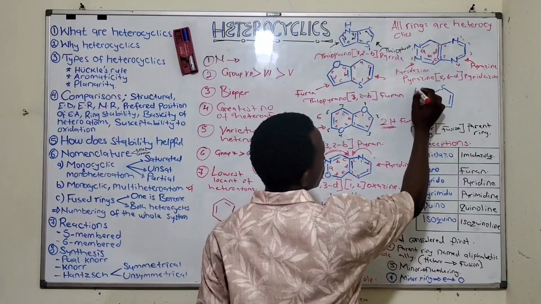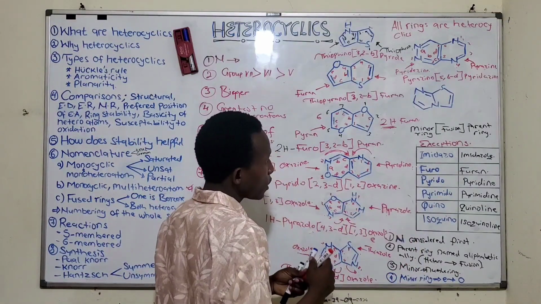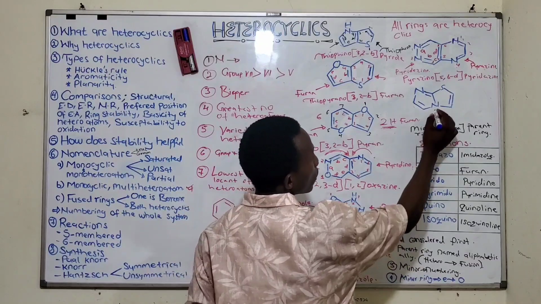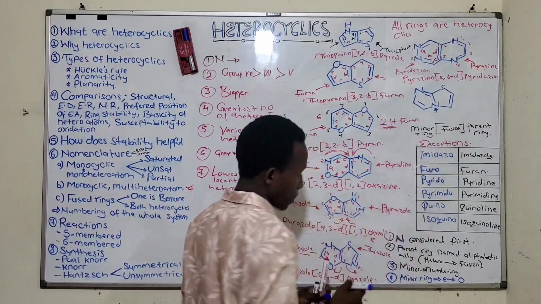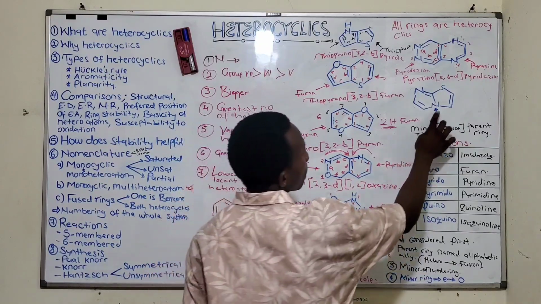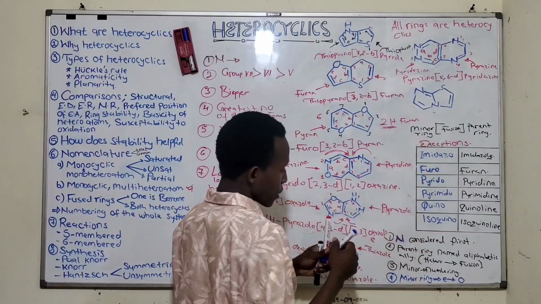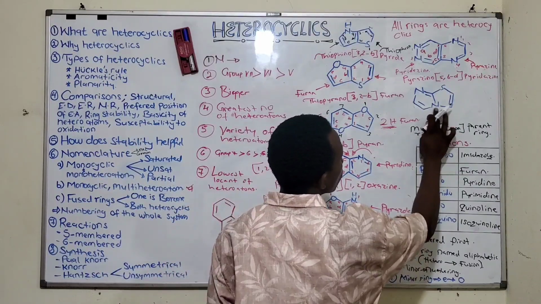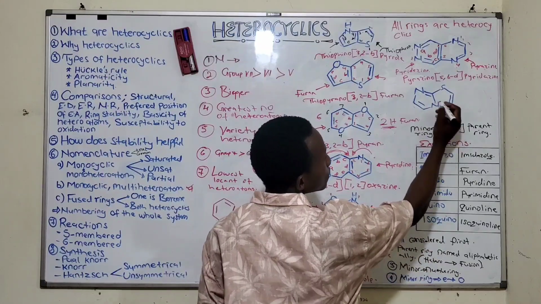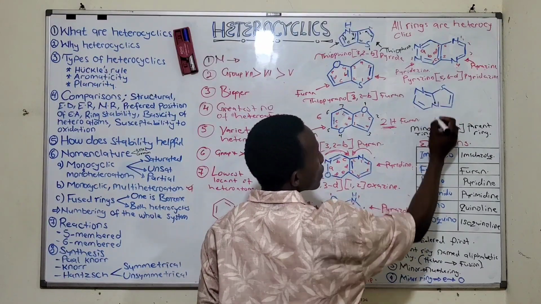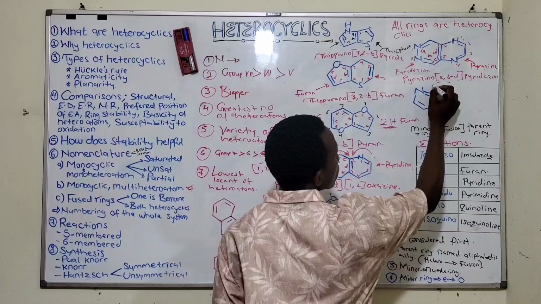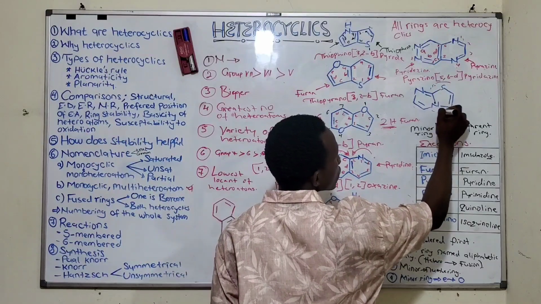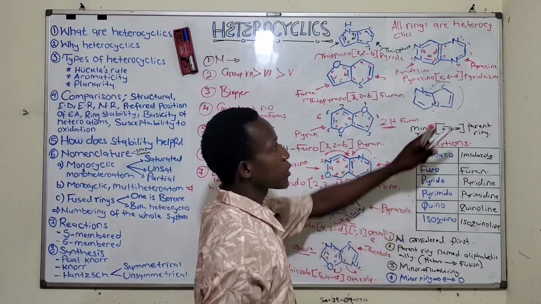Then we have this structure. This structure, we have a fused heteroatom. But for this, if you find such a structure, you take the fused nitrogen or the fused heteroatom as part of both rings. If you take this ring, it should be part of it.